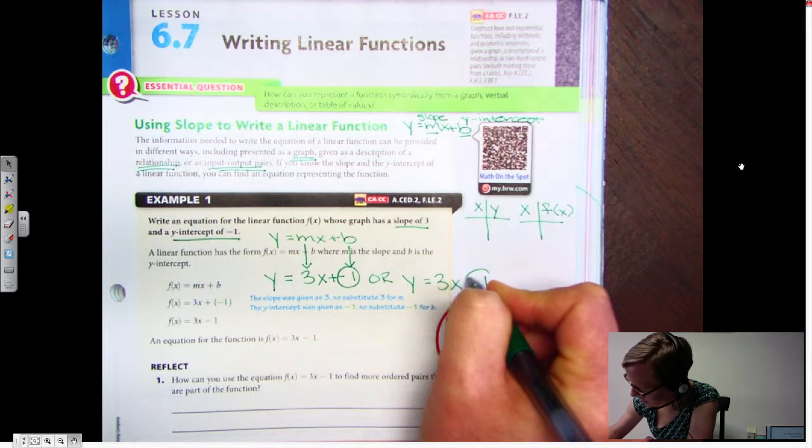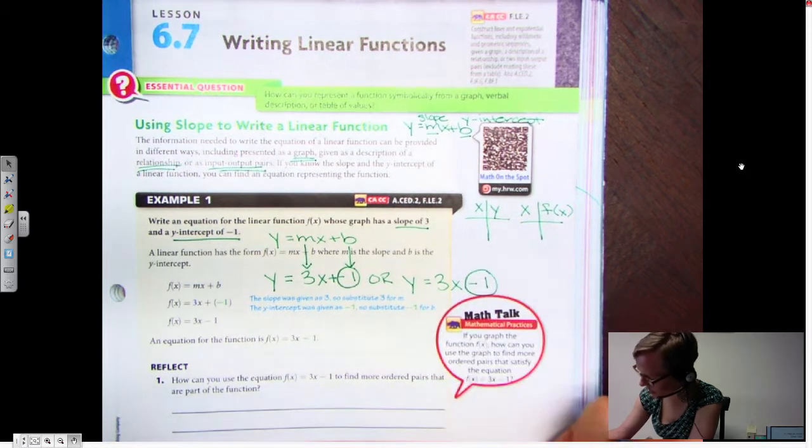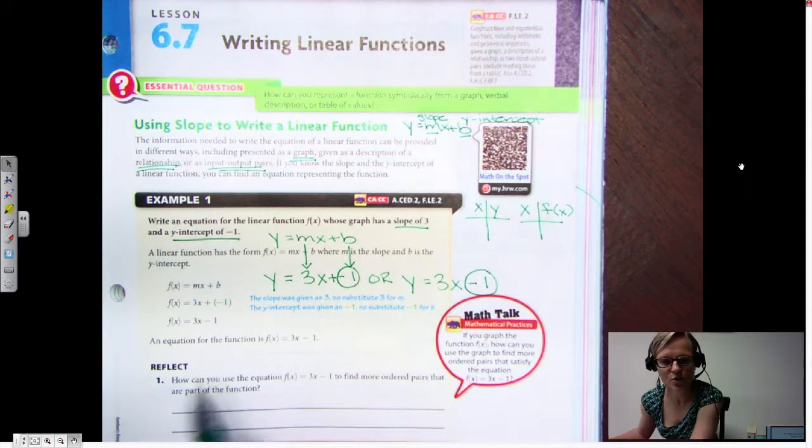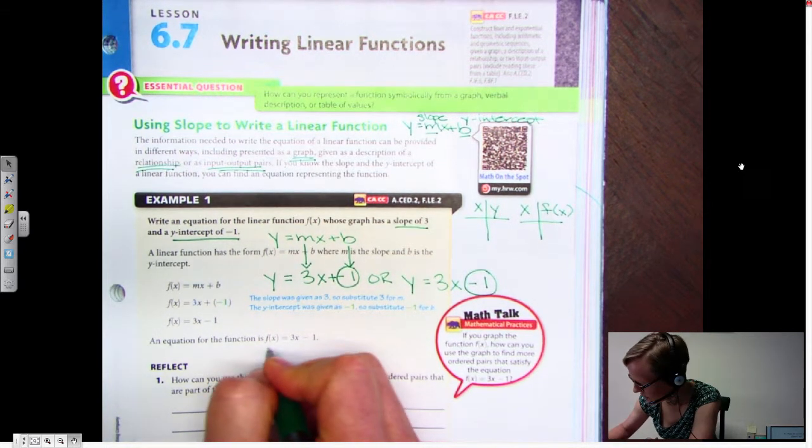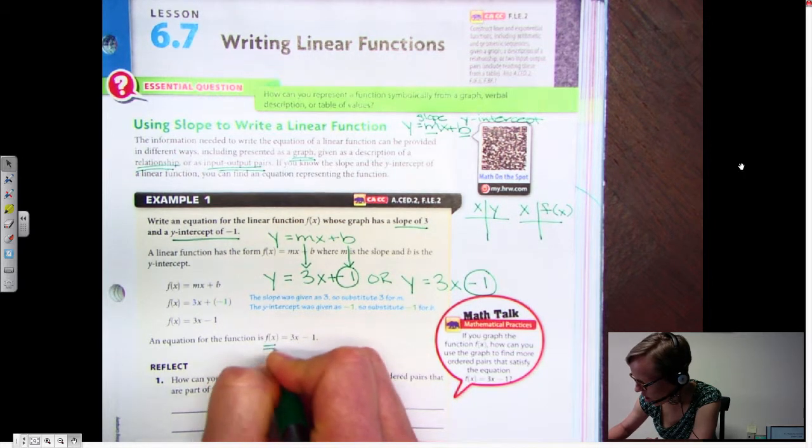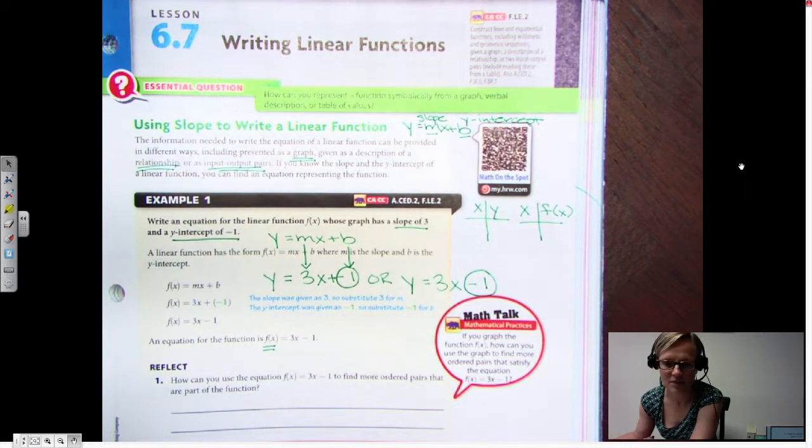So again, it's going to be this -1 if you were going to graph it. So let's just go through the difference of the function notation. All they've done is they've replaced the y with the function notation f of x right here. Other than that, our equations are equivalent.